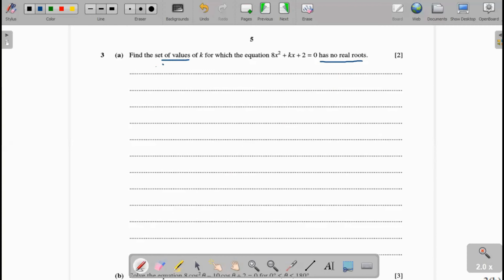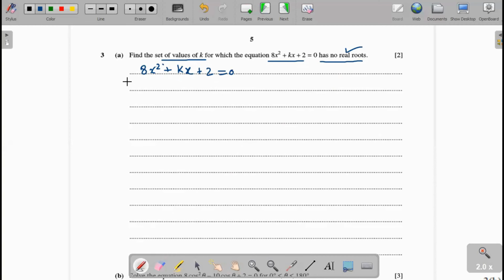Question 3 part A. Find the set of values of k for which the equation 8x squared plus kx plus 2 has no real root. And you see here this is the quadratic equation 8x squared plus kx plus 2 equal to 0. Now the discriminant of this equation will be less than 0 because there are no real roots.